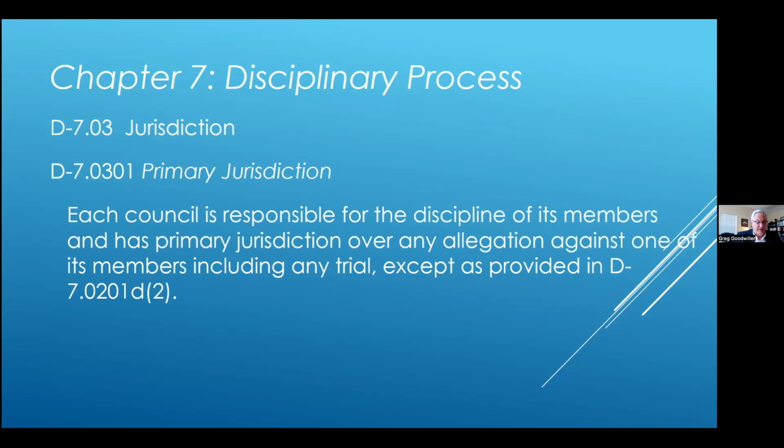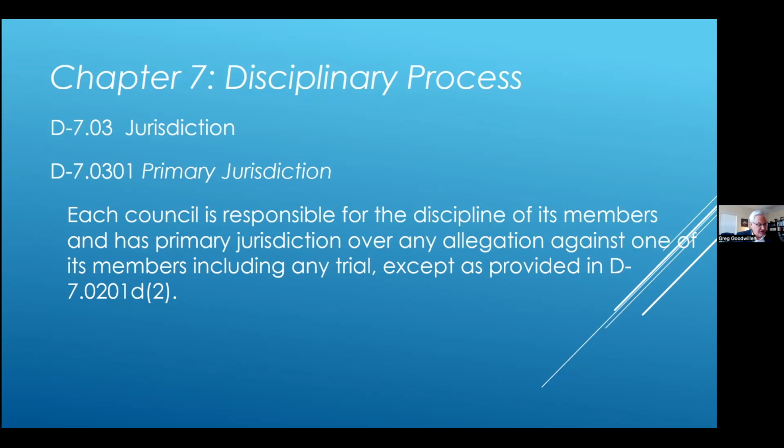which is if an allegation against a minister, member of a presbytery or commissioned pastor in a validated ministry at the time of the alleged offense, the allegation shall be sent to the stated clerk of the presbytery with jurisdiction over the accused member of the presbytery or commissioned pastor.